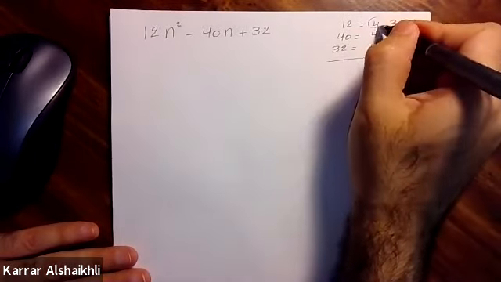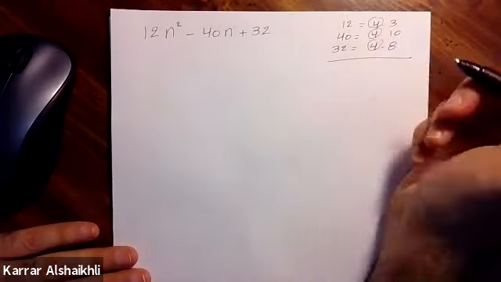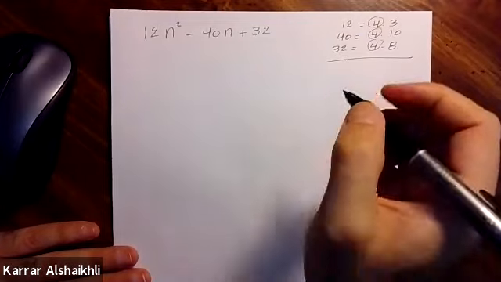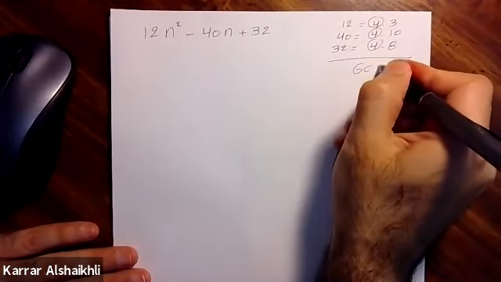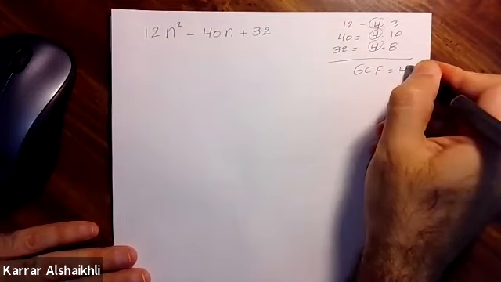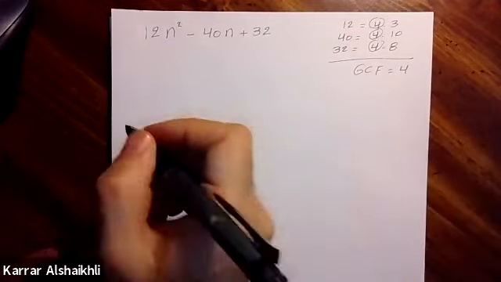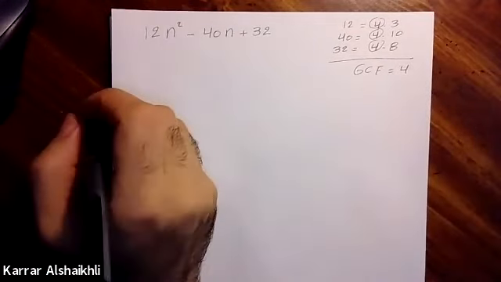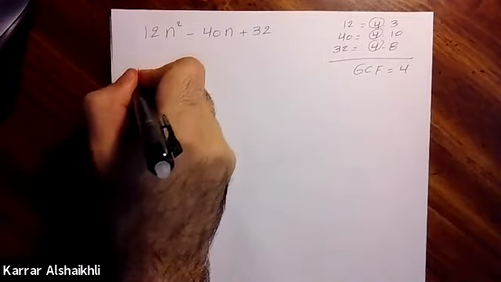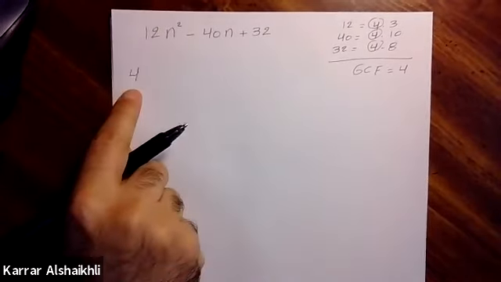That means the common is 4. That means GCF equals 4. So what I'm going to do, I'm going to write down 4 here, which is the GCF.